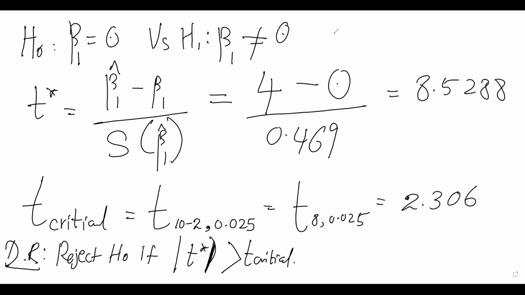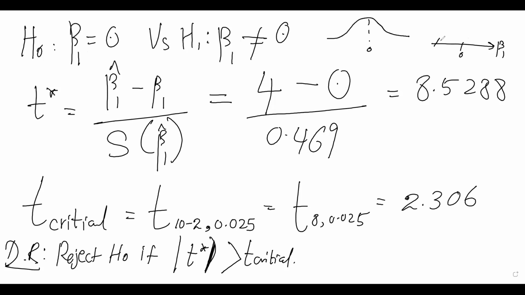It's easy. This is your T distribution, which is symmetric around 0. This is a non-directional hypothesis, right? What does it mean? This is your beta 1 axis. You have 0 here, right? What is our alternative? Beta 1 is not equal to 0.